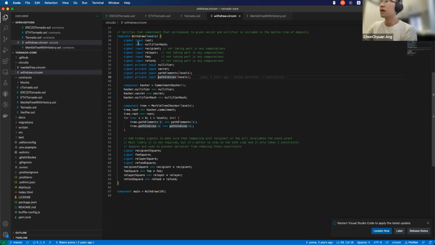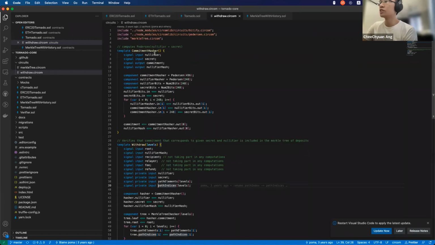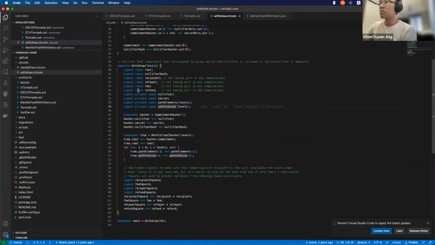Okay, so this is like the older version of Circom. But the difference between the private input and the public input is that the private inputs are not known to the public. So whenever you generate the proof using all these inputs, no one is able to know what private inputs you used to generate the computation. The publics are the ones that everyone is able to see, and you definitely need people to see some public inputs such as the root, because you want to compare it against the history, and we want to compare the nullifier hash to see if you have already spent the nullifier hash before.